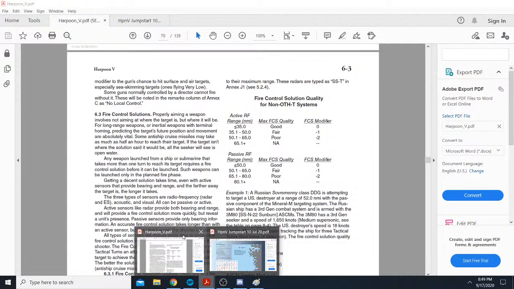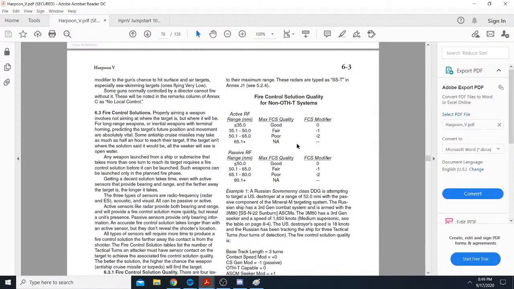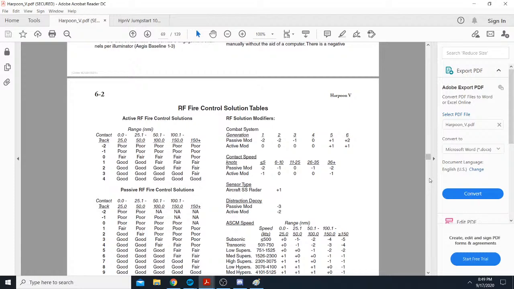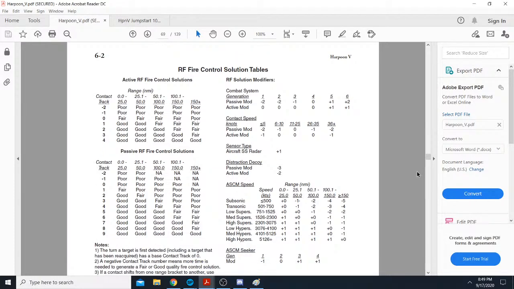I'd need to go through the whole fire control, but at least he can get a fair, right, or whatever, right? So he doesn't have an FCS modifier, which modifies you on the row you're on, right? So for the Russian, he's starting on 1.